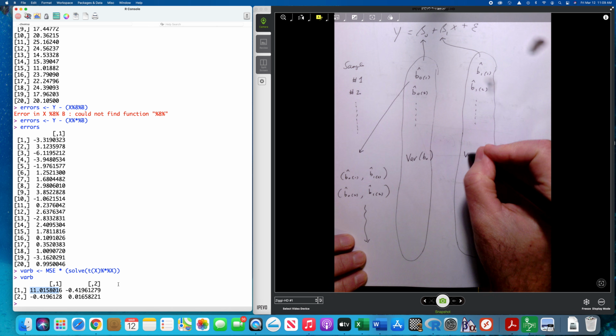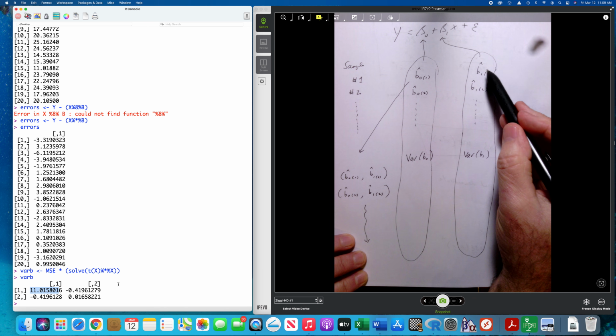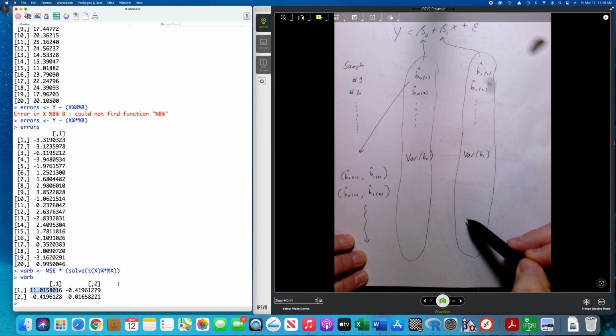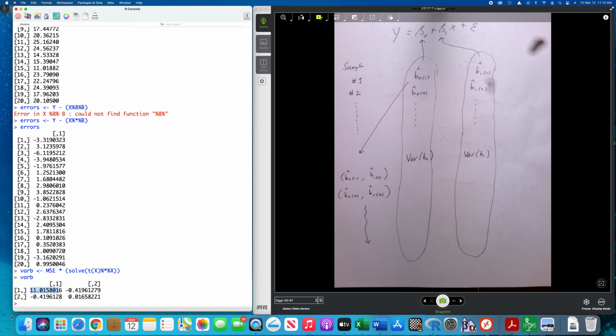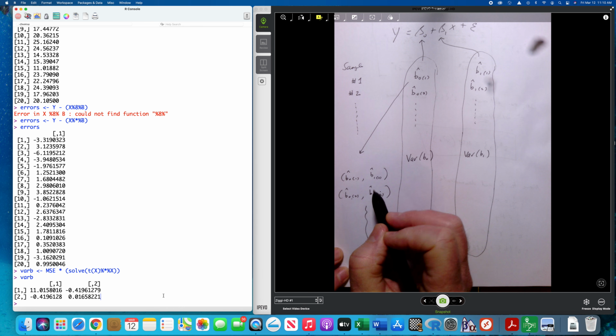The variance of our B1s, if we could just take all these numbers, and again, plug them into a calculator or whatever, and find the variance, the estimate of that variance is 0.0166.